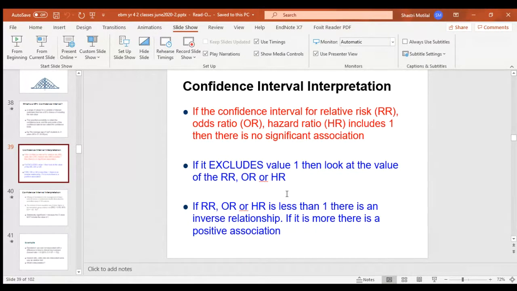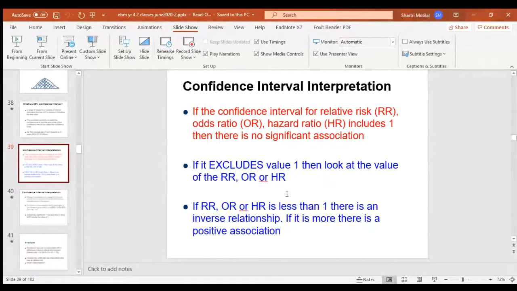In the example you all just worked out, the relative risk you got was 0.8, right? 0.8 would suggest 0.8 times the risk of death, which means a person has less risk of death. If the confidence interval for relative risk excludes 1, then you're thinking, hey, there is a significant association, right? And if that value is less than 1, you're thinking, well, it's a protective association, right?